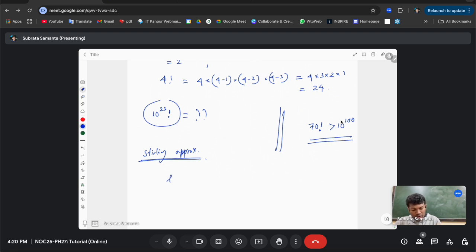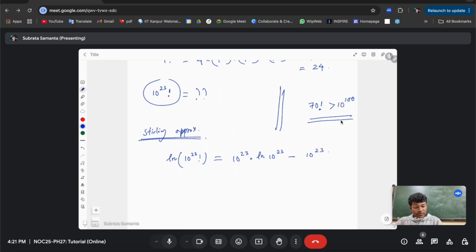So ln of 10 to the power 23 factorial is basically 10 to the power 23 times ln of 10 to the power 23, minus 10 to the power 23.